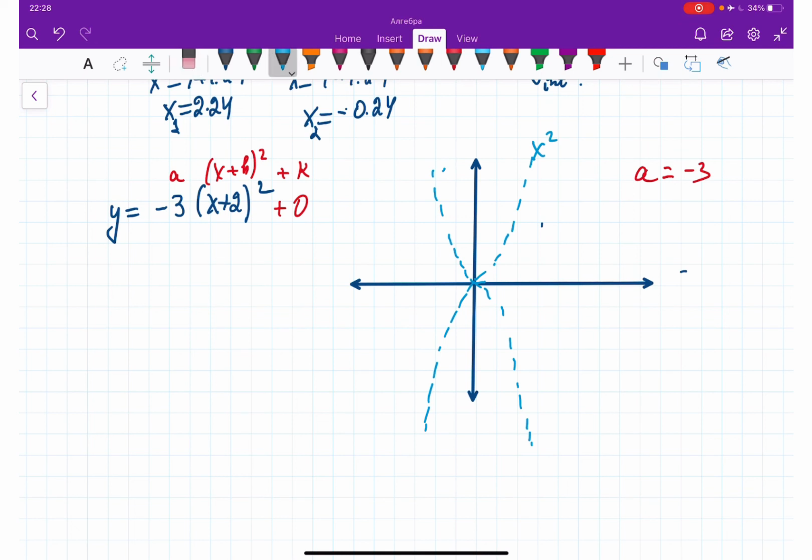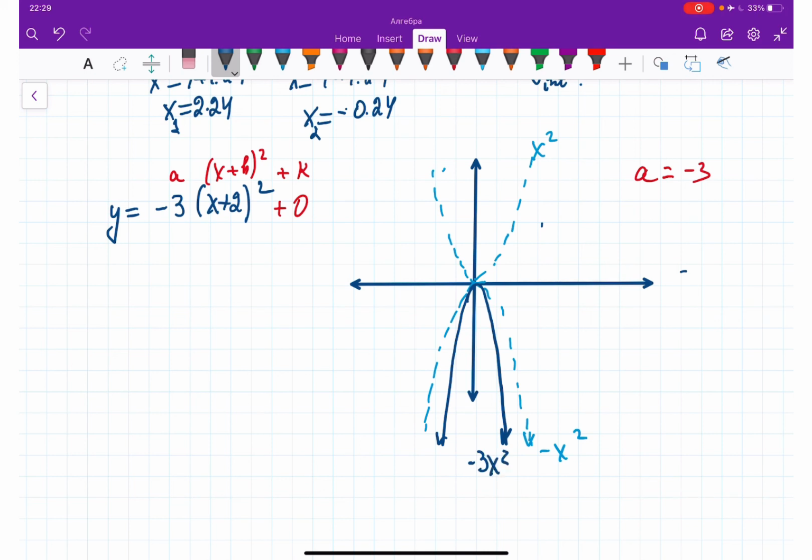Negative x squared. So negative 3 is going to be closer to the y-axis. This is going to be negative 3x squared.